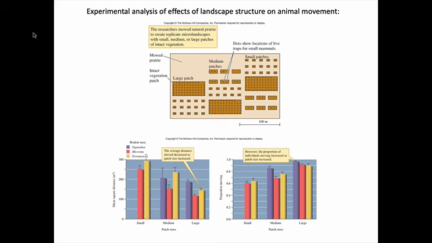So the average distance that they moved decreased as patch size increased. In large patches, they don't have to move much because they have everything they need. They have mates. They have access to areas of food, even if they eat out one part of that patch, they can just move down the road to another.